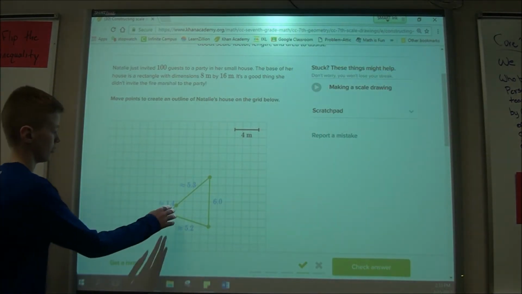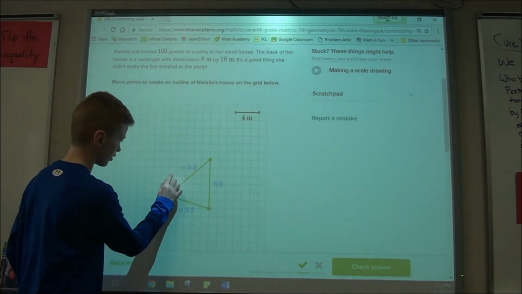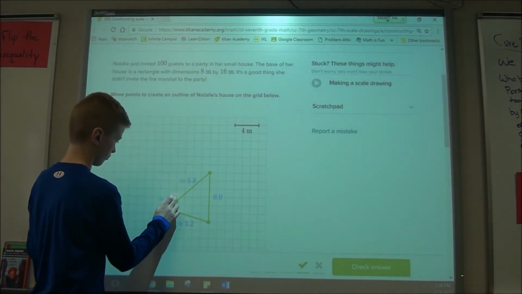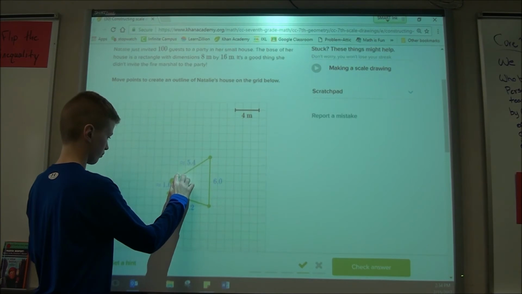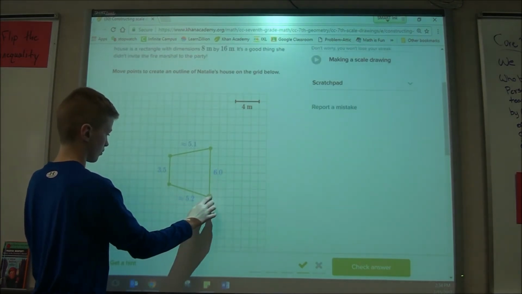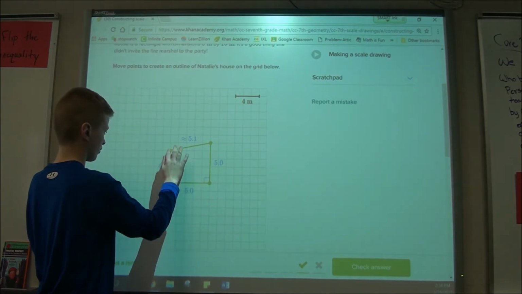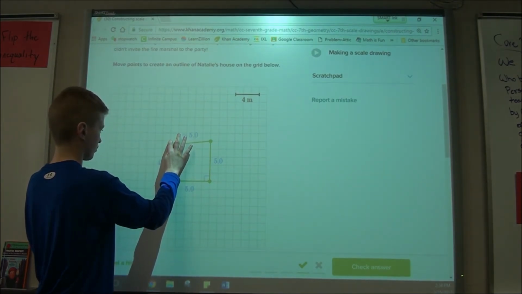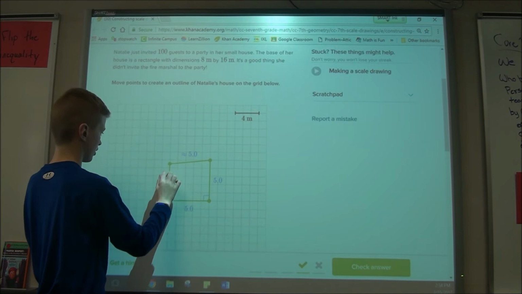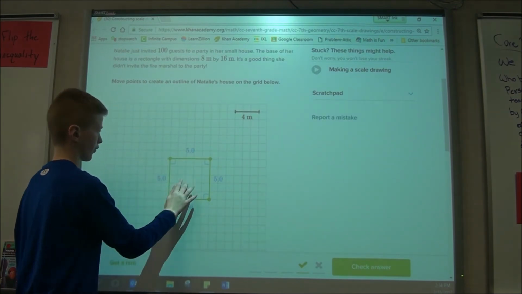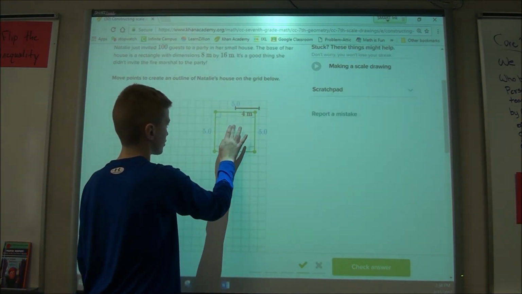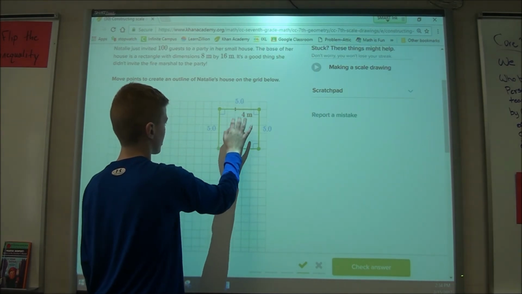Okay, so first, oh, I see. Okay, so first we have to line it up to see how much 4 meters is.